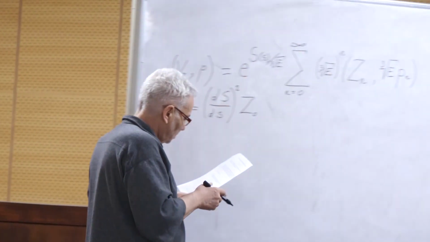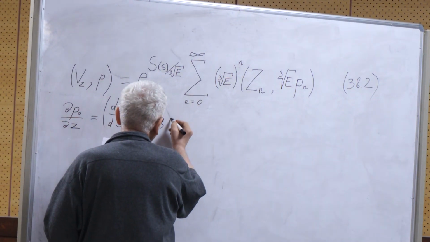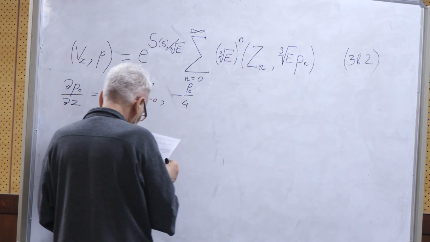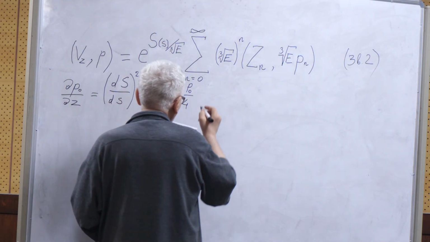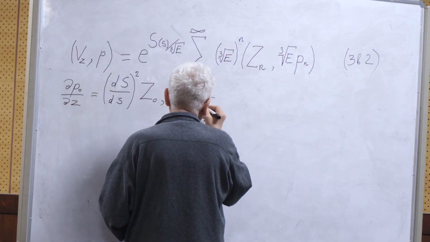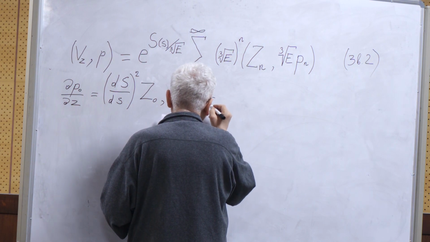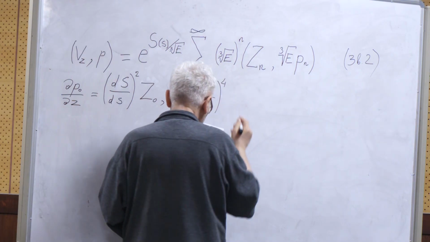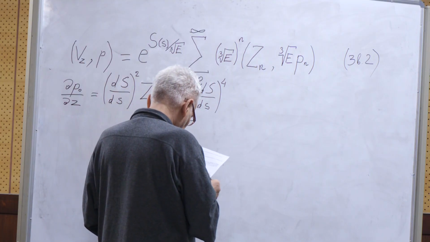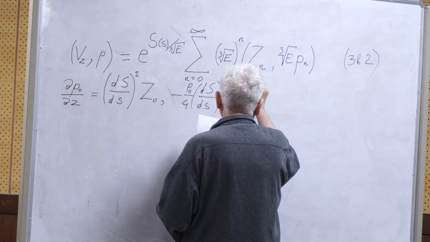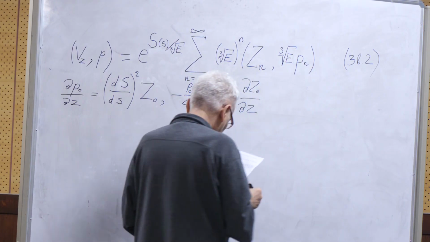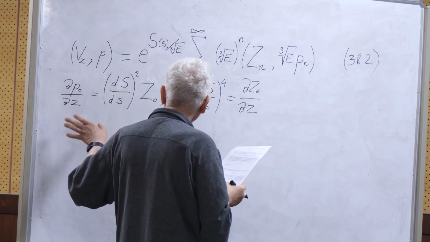Let's write down the second equation. This second equation looks like p0 over 4, and here there is a fourth power, and this is simply equal to dZ0 over dz. And we can get further simplification just from these two equations.